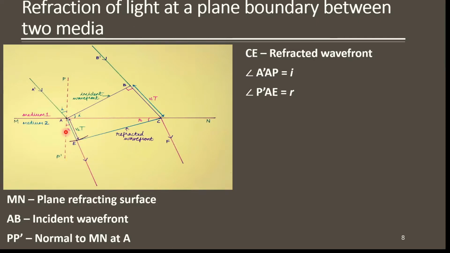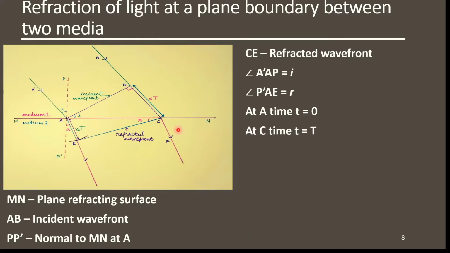Consider a plane wavefront AB incident on a plane boundary MN, separating two uniform and optically transparent media. When A reaches the boundary surface, B still has to cover a distance BC to reach the boundary surface at C, as the wavefront is obliquely incident. Let at time t equal to 0, A just reaches the boundary surface, while B reaches the surface at C at a later time t equal to t.